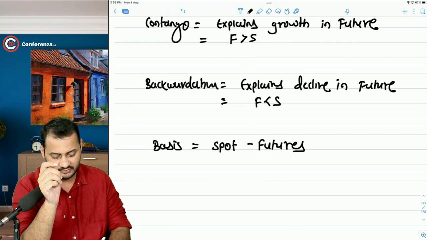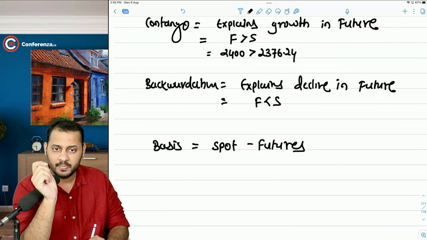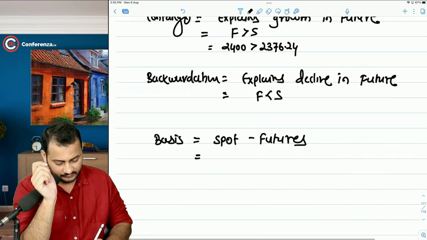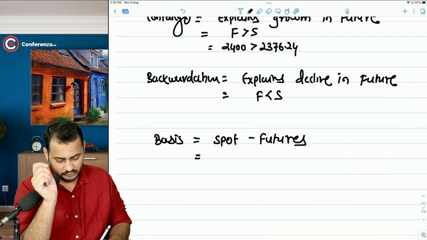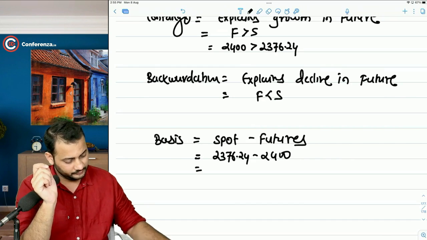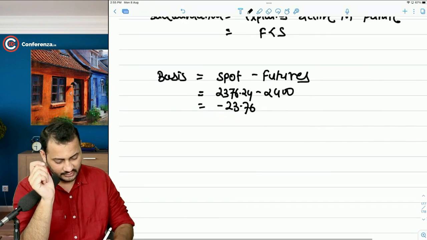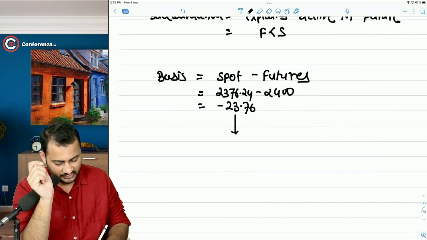Let's say, for example, futures is 2400 in our question, which is greater than 2376.24, right? And if you put it here, spot 2376.24 minus 2400, this will come to minus 23.76. This is the basis now is called as negative.